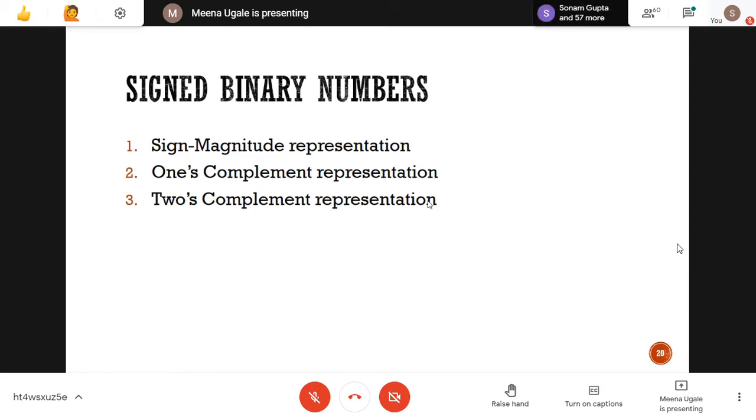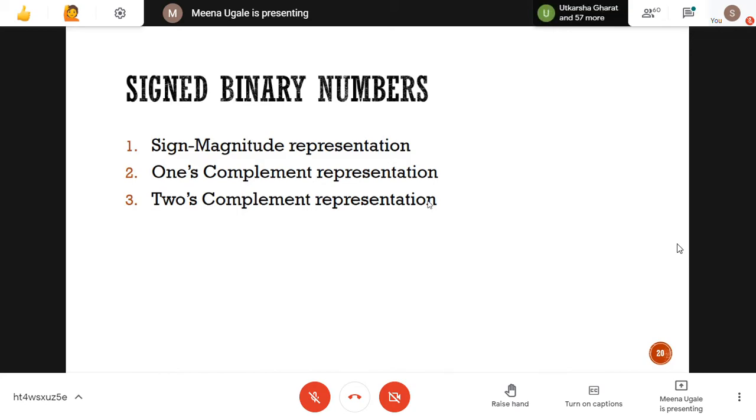We will continue. Now, when these binary representations are there for these numbers, just now we have seen for simple binary numbers, how can I go for representing these numbers for the different arithmetic operations that we are going to see. When I'm calling it signed binary, that means I'm considering positive as well as negative numbers.